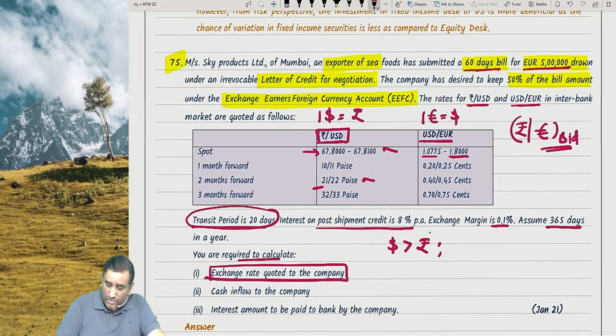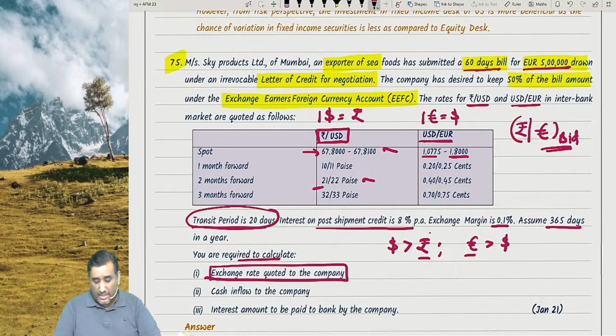So which currency is stronger? Euro is stronger against the dollar. Both ways, no? Now we have to find the relationship of rupee and euro. If the dollar is stronger against the rupee and the euro is increasing against the dollar, then automatically the euro would be increasing against what? Rupee. I hope there is no challenge on that part.